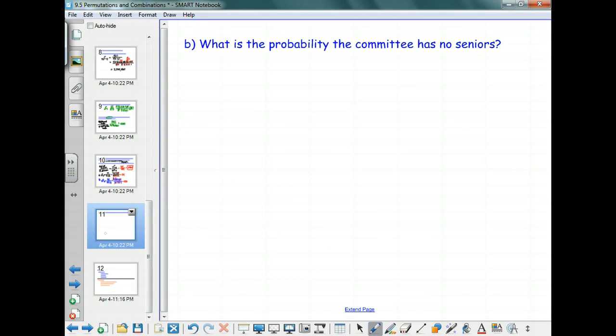This one says, what's the probability the committee has no seniors? Okay, not that it has not all seniors, because if it had not all seniors, we could just do 1 minus the last problem, right? That would mean that there's at least somebody else in the committee. That's not the problem we're asking here. No seniors. Okay, so Whitney, tell me what you want to do, because I heard your voice first.